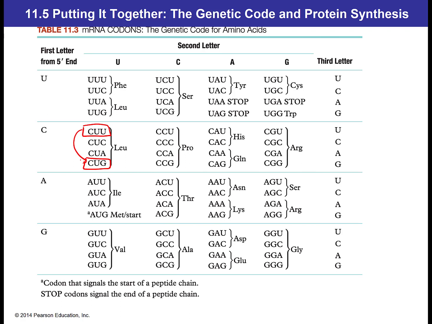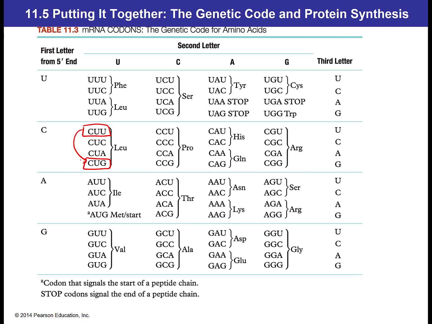It's the same. So there's only 20 amino acids and there's 64 possible codon combinations. So some of these codes stand for the same amino acid. So in this case, that would also be silent. Like it wouldn't cause an effect. So you could have a mutation that codes for the same amino acid.